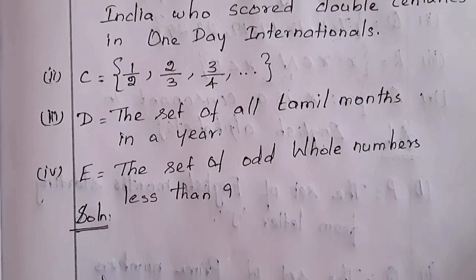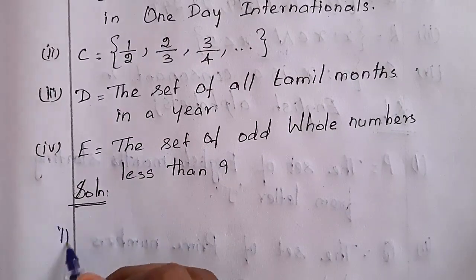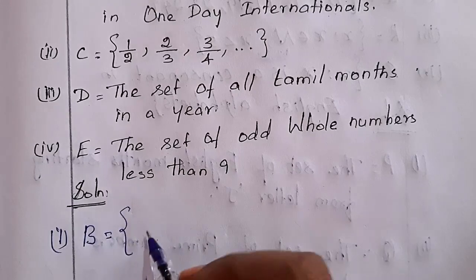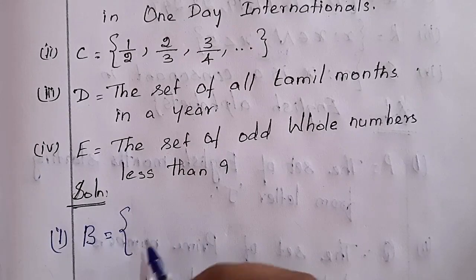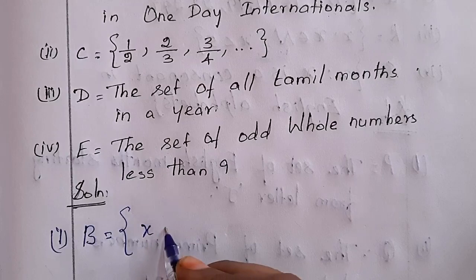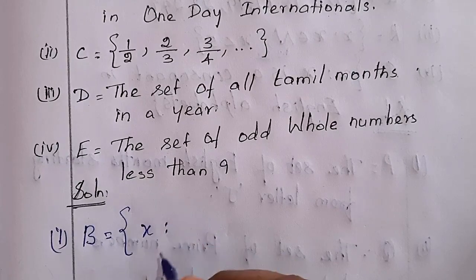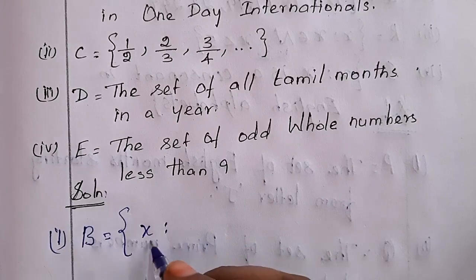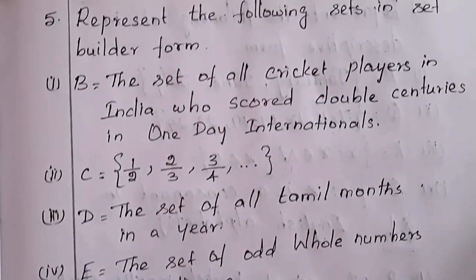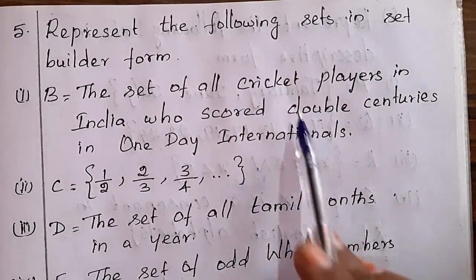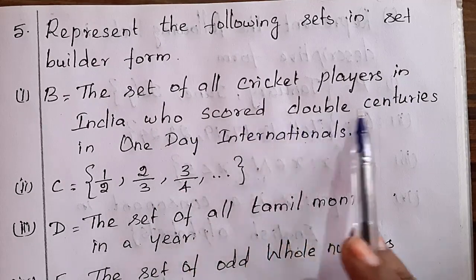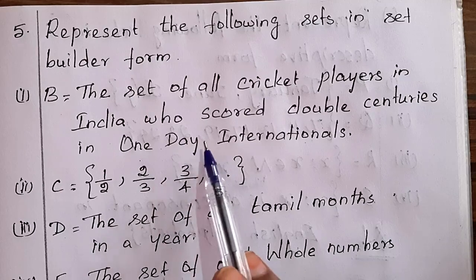See, B equal to set of x such that. For such that you can use this symbol, otherwise this symbol. Both are the same. So what is this x? x is a cricket player in India who scored a double century in one day international.